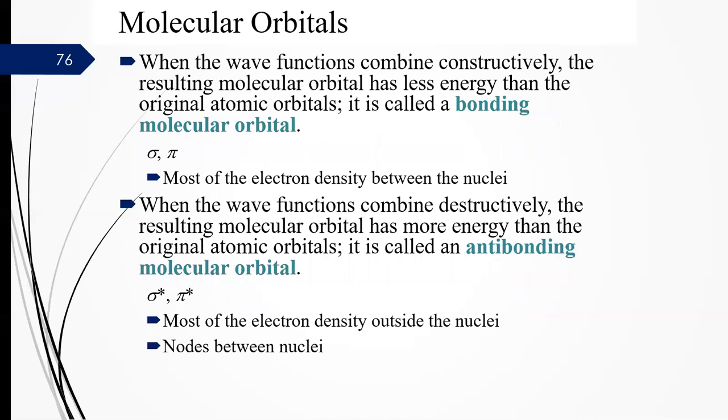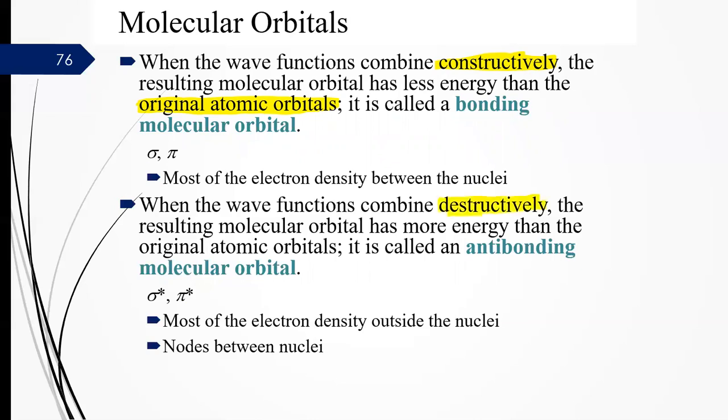Inside our combinations, we basically get a bonding orbital where these orbitals are constructively interfering with each other. That means they're working together, and they have less energy than their original atomic orbitals. On the other hand, we can have wave functions that are destructive.